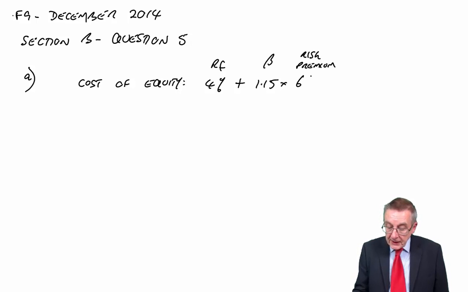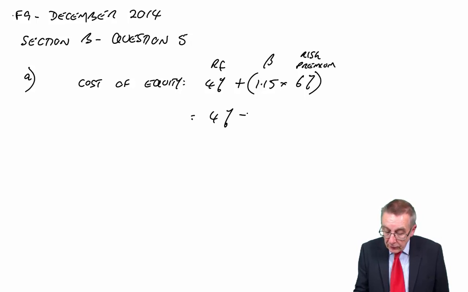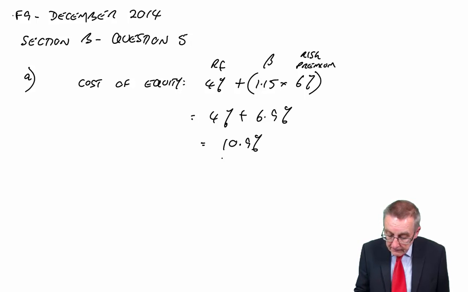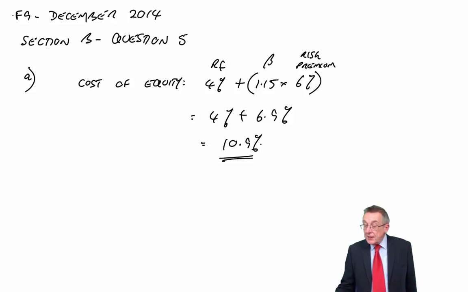So if the premium is 6%, it's just 1.15 times 6, which is 6.9%. 4% plus 6.9% is 10.9%. So there's the cost of equity.